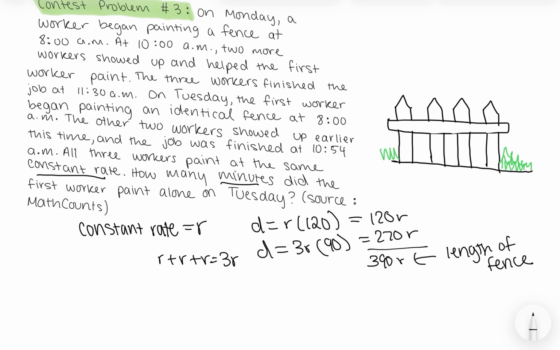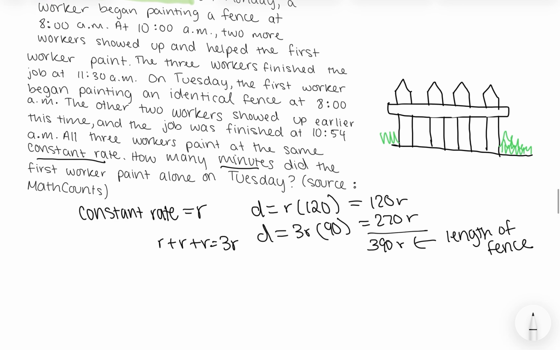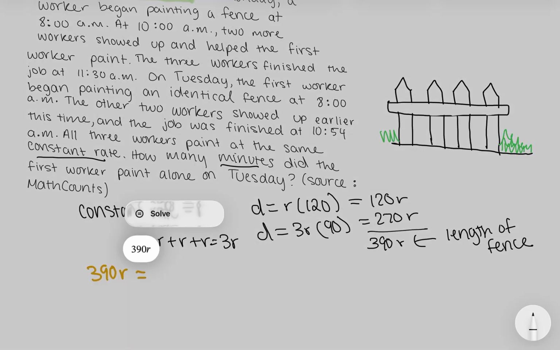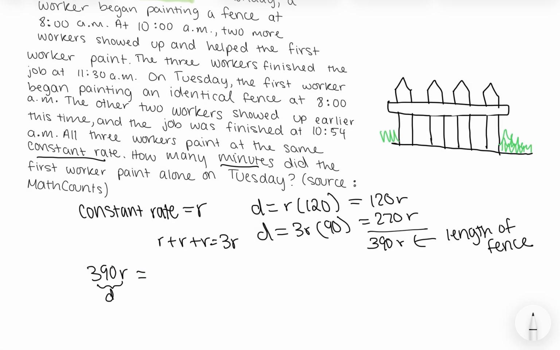So now we move on to Tuesday. The first worker is painting an identical fence, so it's going to be the same length. And we know that his rate is going to be r. So the distance is 390r.